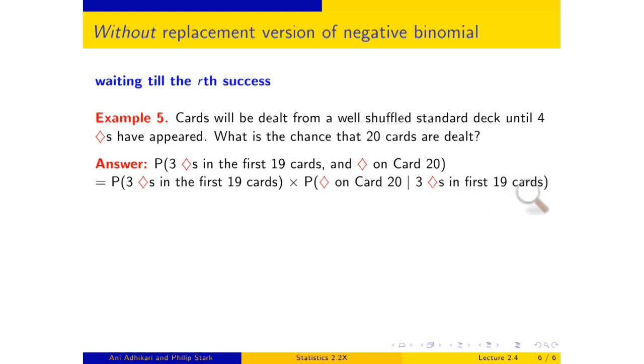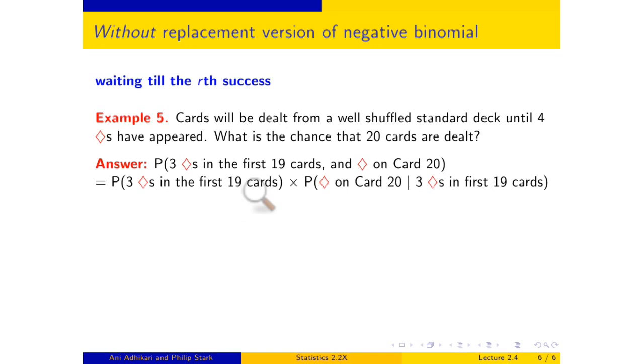Because I'm sampling without replacement, I do have to keep those first 19 cards in mind, since I have said that there's going to be 3 diamonds in there. Right, so how do we do this? Well, do we know how to find the chance of 3 diamonds in 19 cards dealt from a deck? I think we do. That is what the hypergeometric was all about. You're dealing a bunch of cards from a deck.